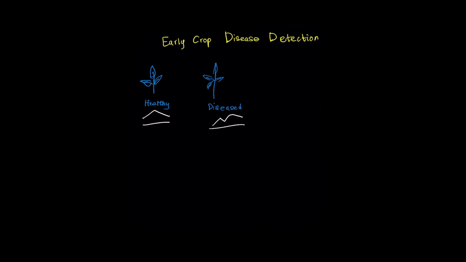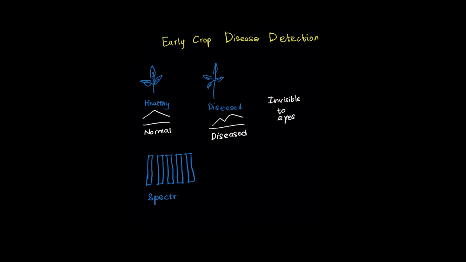Feature extraction precision enables early disease detection in crops through subtle spectral changes. Before visible symptoms appear, diseased plants reflect light differently in specific wavelengths invisible to human eyes. Precise feature extraction identifies these subtle spectral signatures, like detecting a whisper in a crowded room.